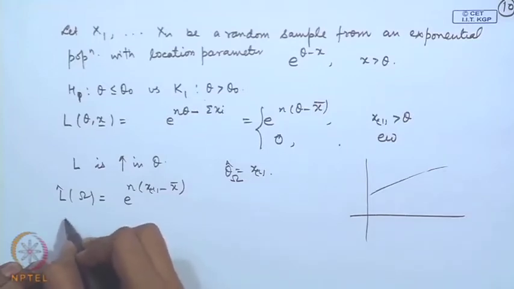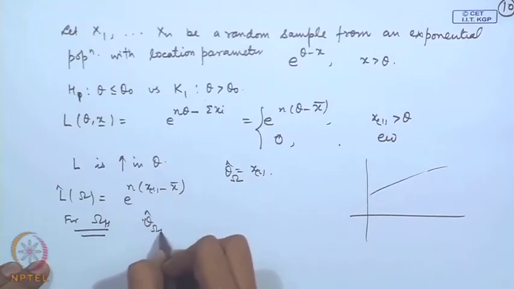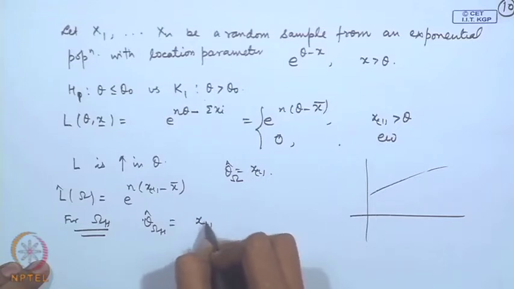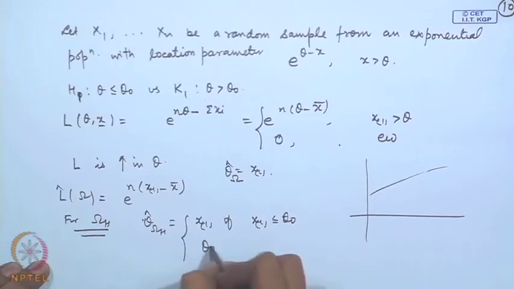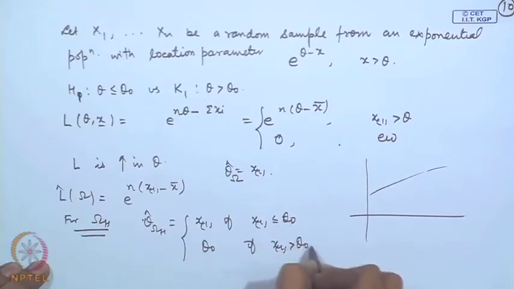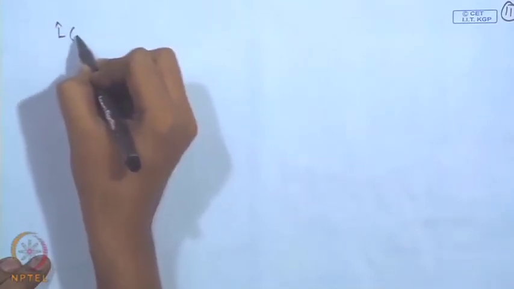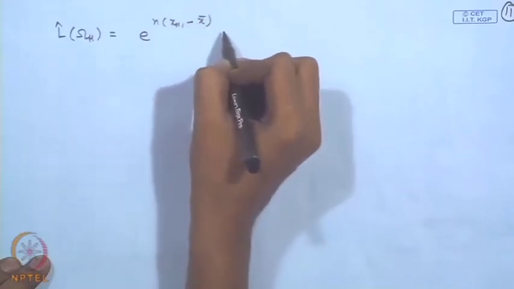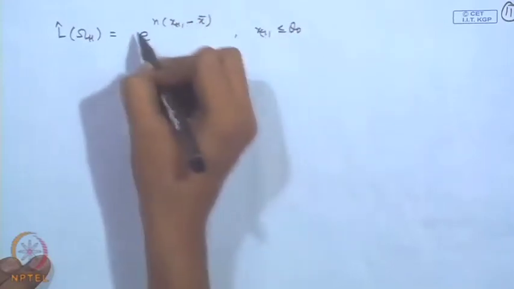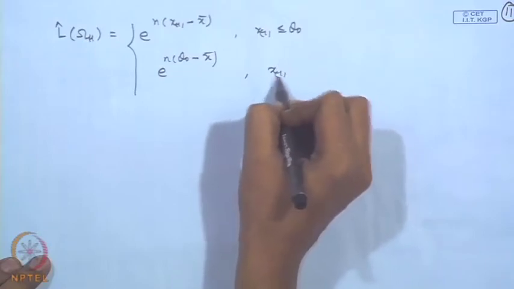So, for omega h, theta hat omega h will be equal to x 1 if x 1 is less than or equal to theta naught, and it is equal to theta naught if x 1 is greater than theta naught. So, L hat omega h is equal to e to the power n x 1 minus x bar if x 1 is less than or equal to theta naught, and it is equal to e to the power n theta naught minus x bar if x 1 is greater than theta naught.